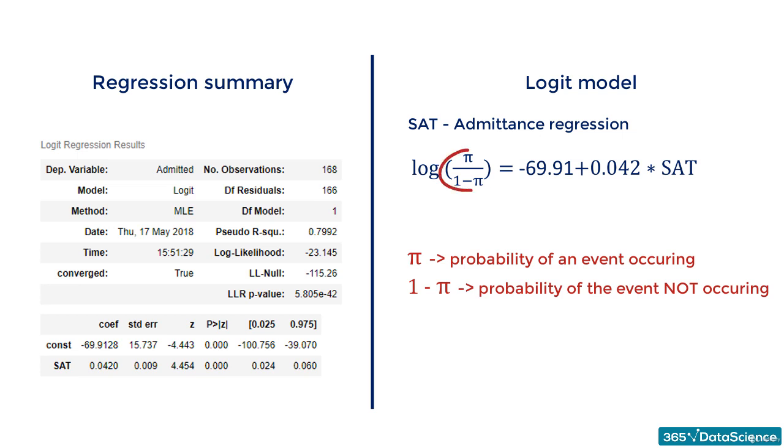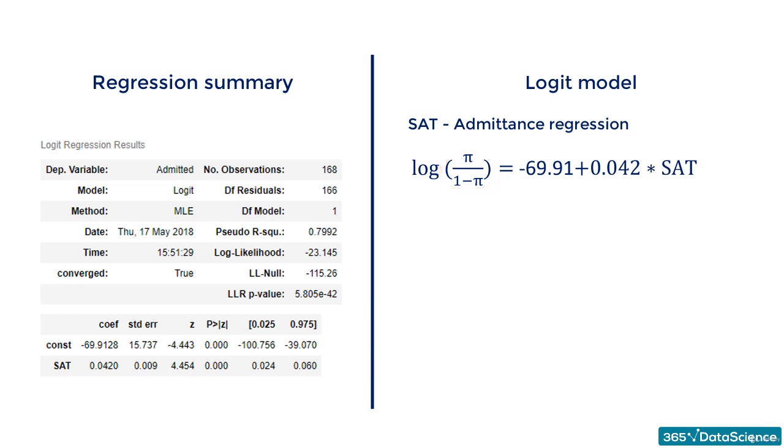The fraction of these two is a very popular concept, odds, as we explained earlier. All right, so from the regression summary, it seems that our model is basically log of the odds equals minus 69.91 plus 0.042 times SAT.